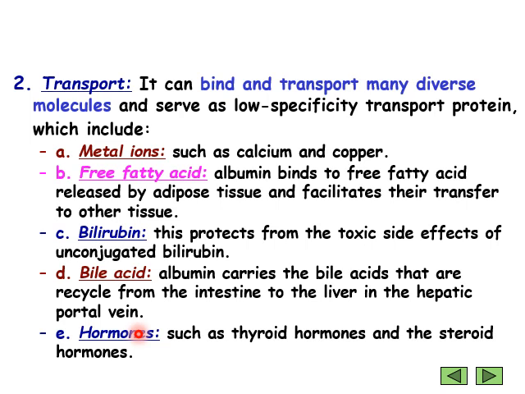Mainly which hormones? Lipid soluble hormones. As you know, thyroid hormone and all the steroid hormones are lipid soluble, so they are carried by the plasma proteins. Okay, and albumin transport proteins are not specific. You will understand this when you study globulin.